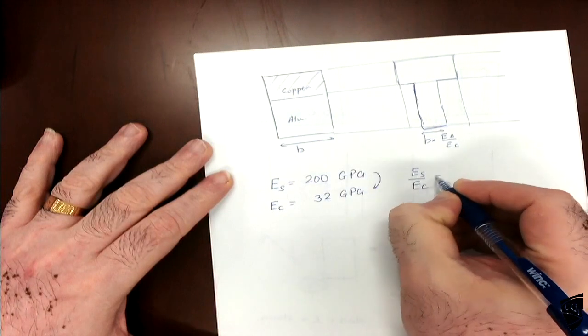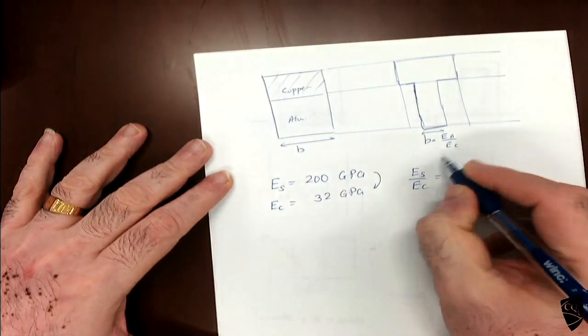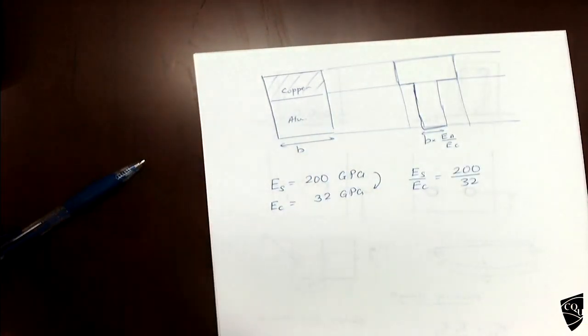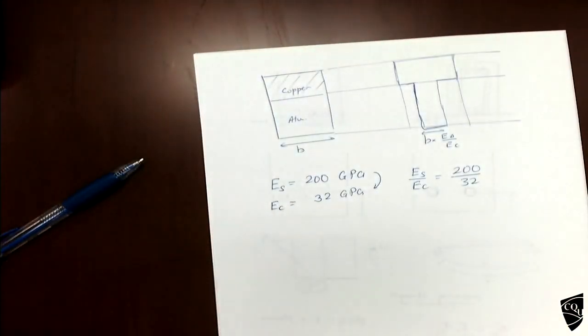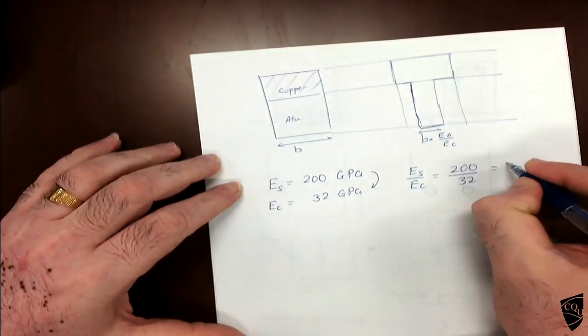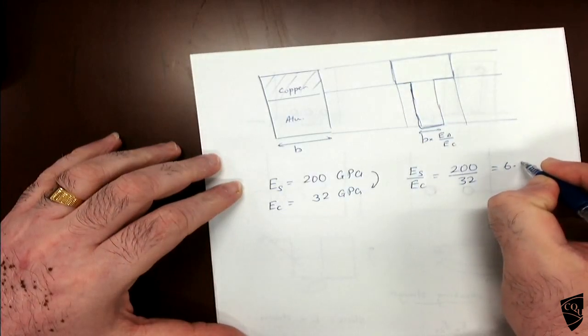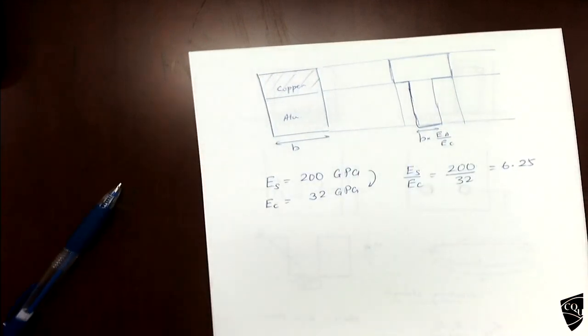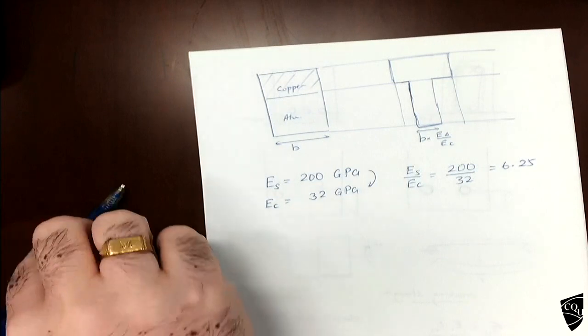Es upon Ec, 200 upon 32, which is 6.25. So that means almost 6 times, 6.25 times, of the concrete.